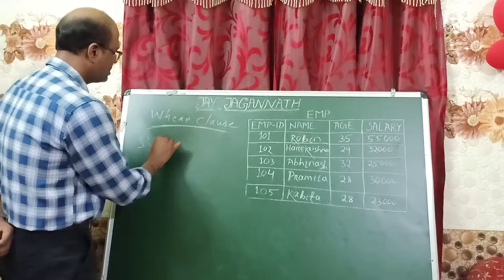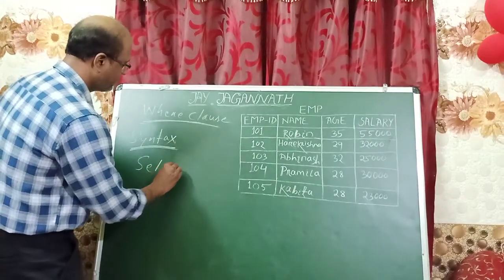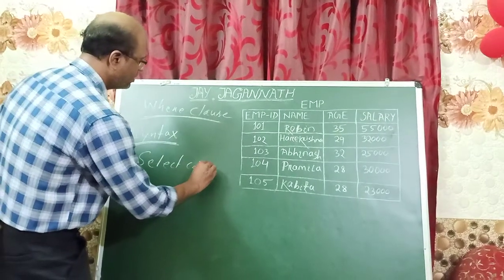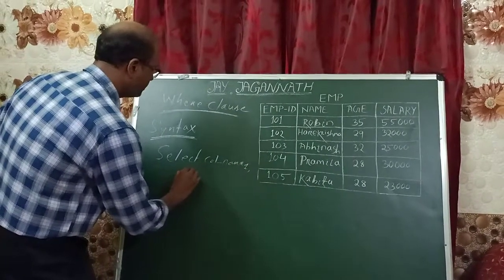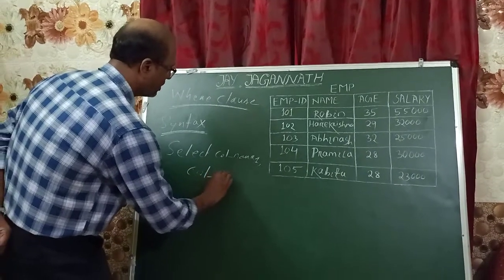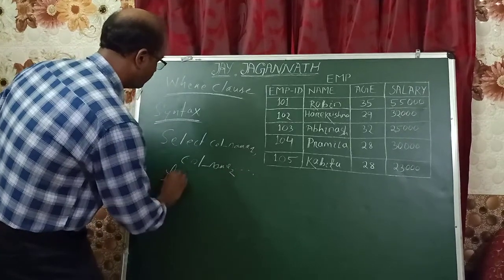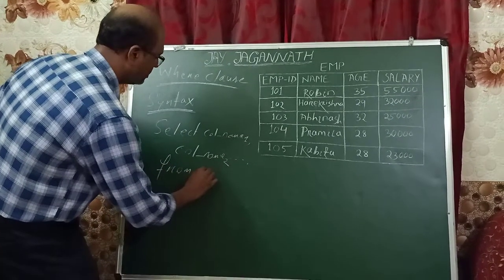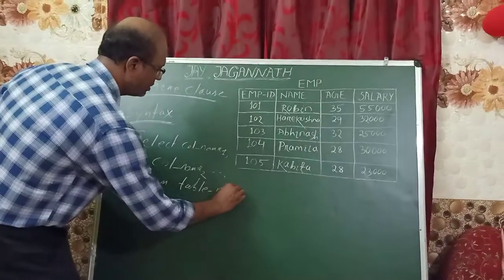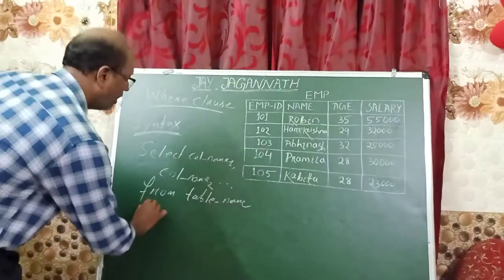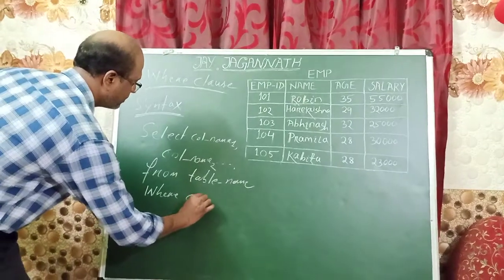Syntax is: select column name 1, column name 2, from table name where condition.